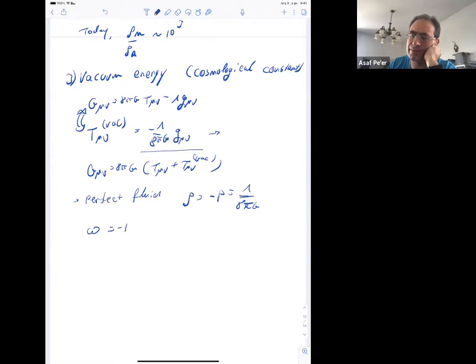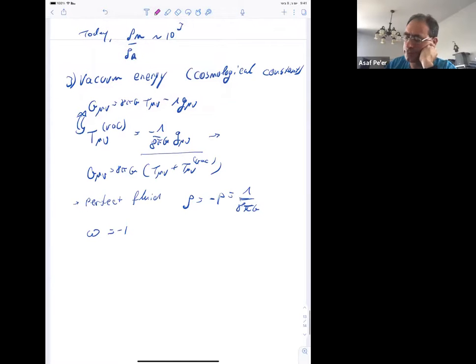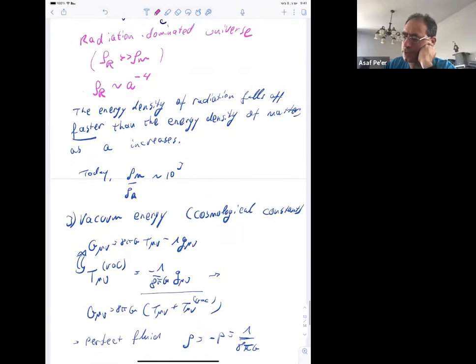And what does it mean about the evolution of the energy density of the vacuum? Rho lambda is proportional to a to the what power?